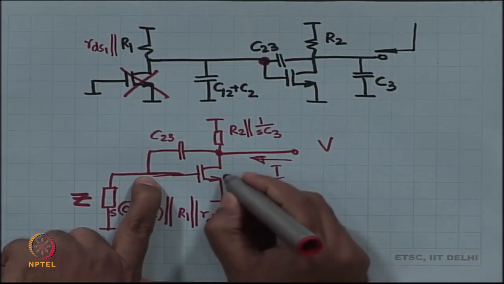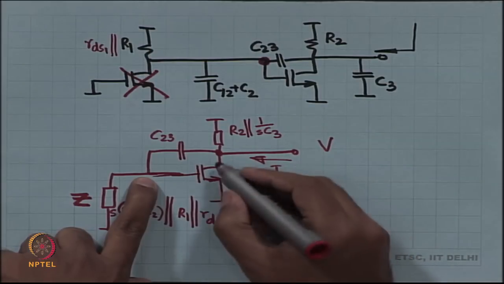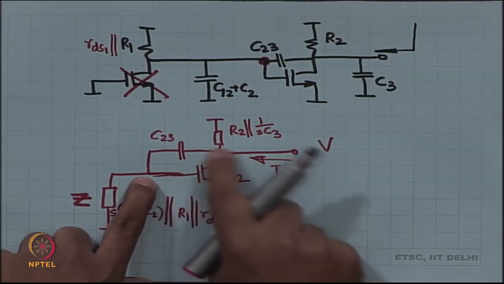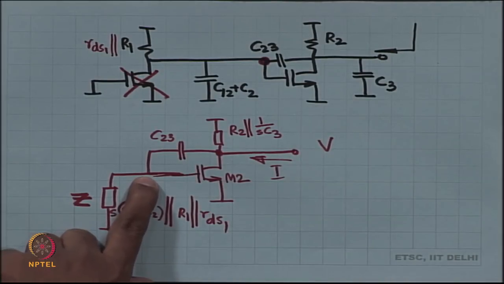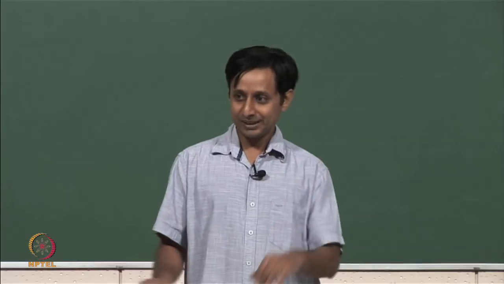Okay. And this is going to create current through M2. So, now GM2 is going to come into life, okay, and start drawing current. Fine. You see the complication?